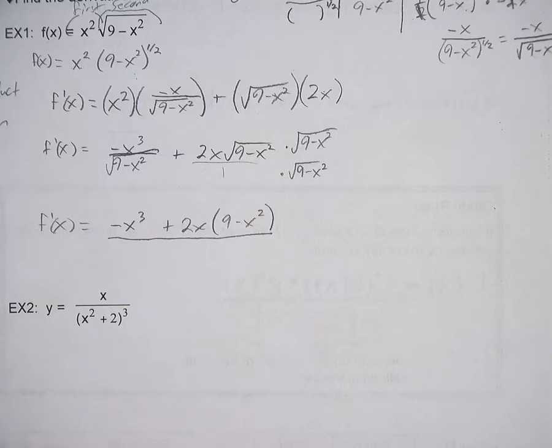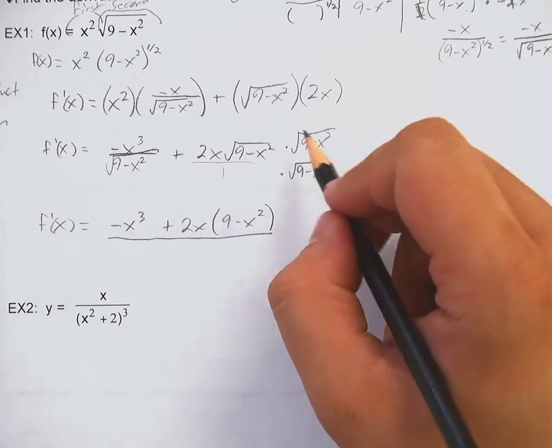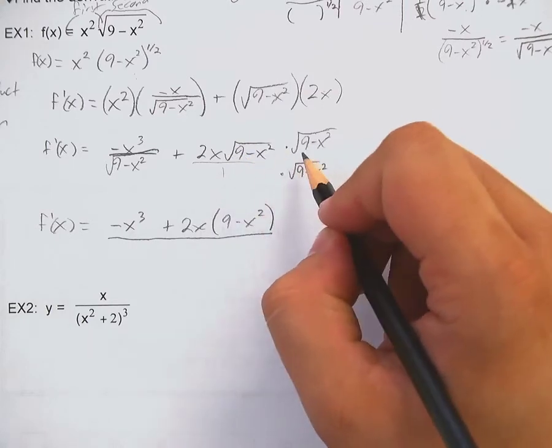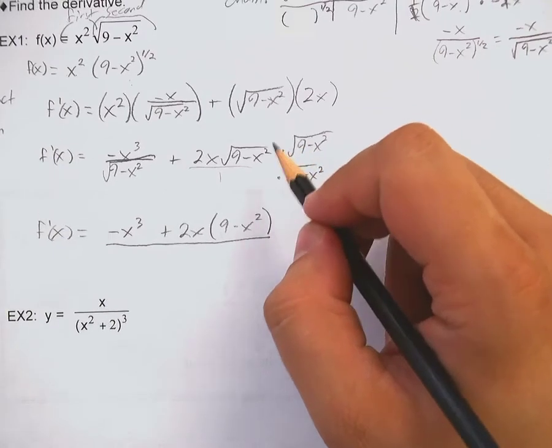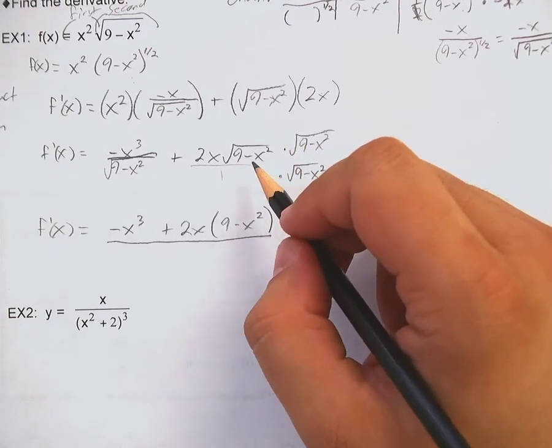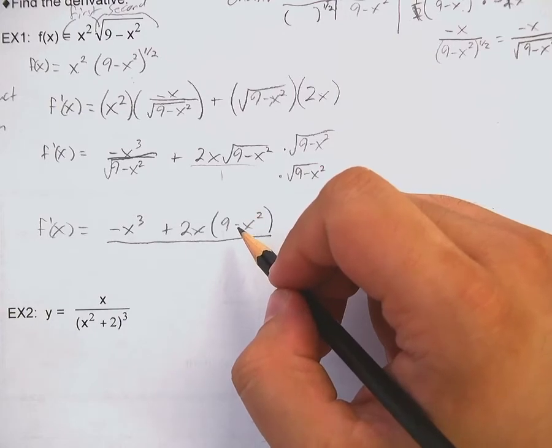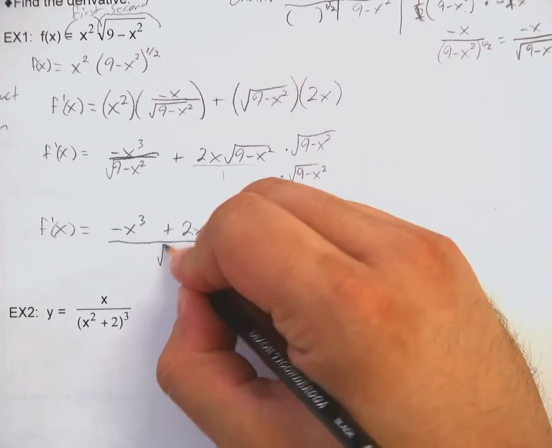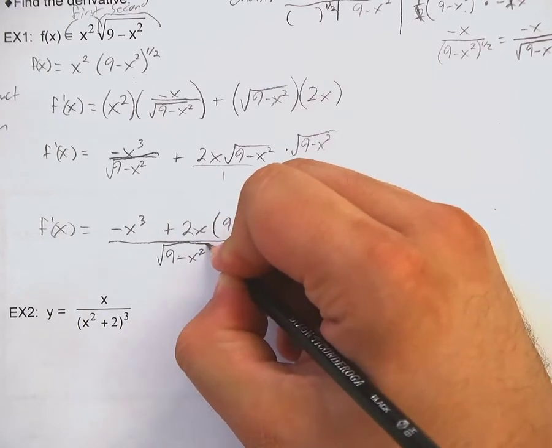Look at that for a second before I do your denominator. Again, 2 times x times the square root times the square root. Your square roots are the same, so a square root squared is just going to be what's inside, 9 minus x squared. So we can just drop the square root there, and we're all over the square root of 9 minus x squared.